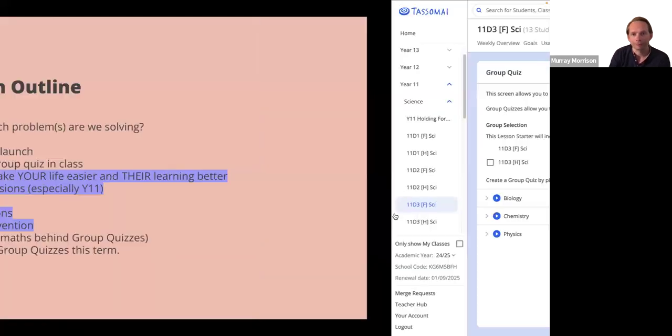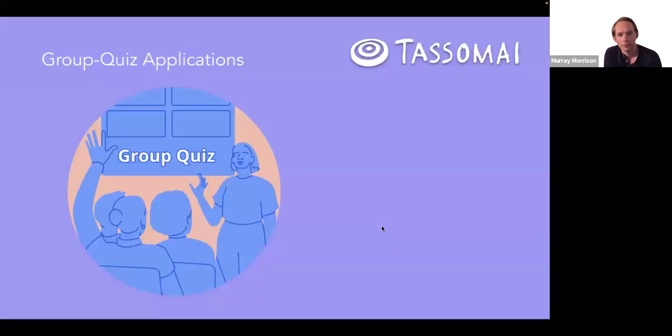So first of all, lesson starters. I think a really nice way of doing this is, especially if you've just come to the end of a topic, before you move on to the next thing, or maybe you're in the middle of a topic, you can say, right, we're just going to do a lesson starter on the thing we've been doing for the last week or so. Bring up some Tassomai questions and discuss them in class, have a bit of a voting session.